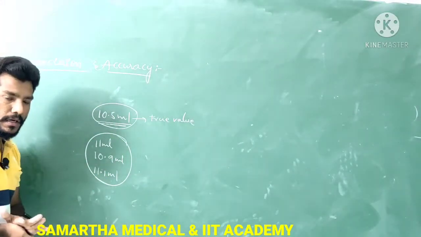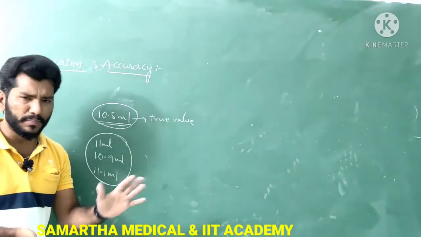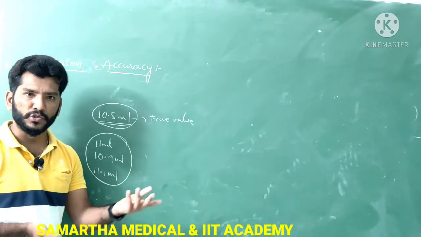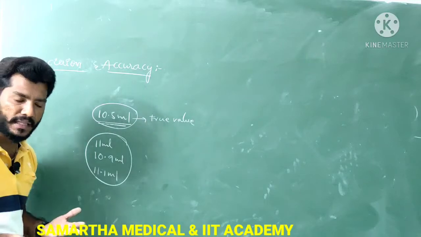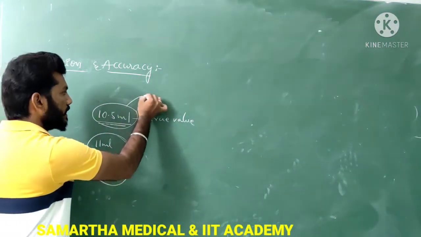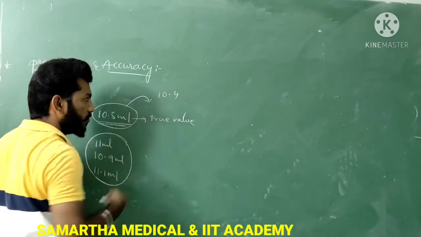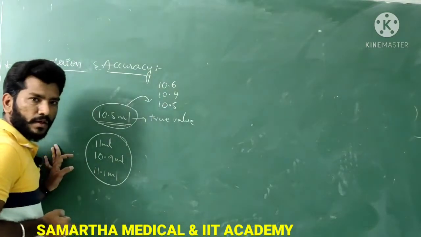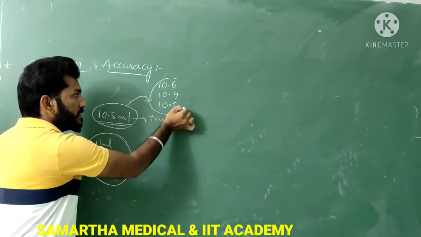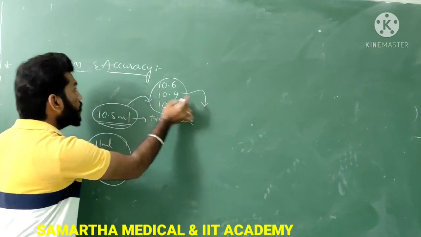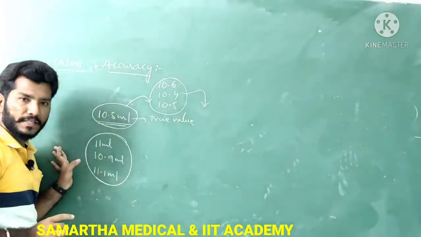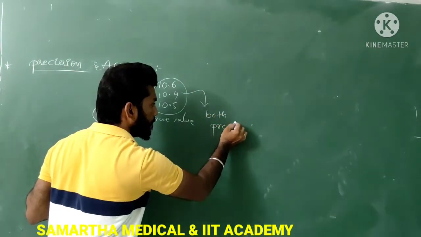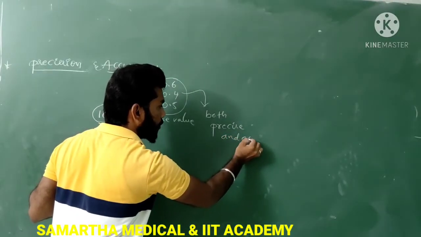Another student is also doing the same titration, titrating 10 ml of a basic solution with an acid, and he gets titrate values of 10.4, 10.5, and 10.6. These values behave as both precise and accurate.